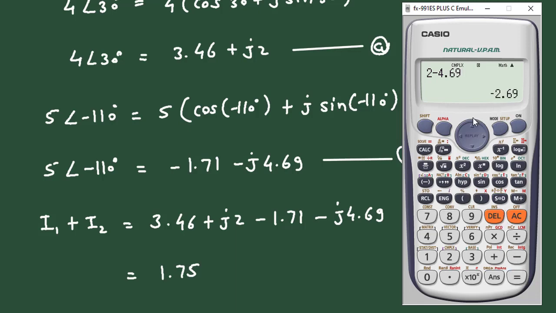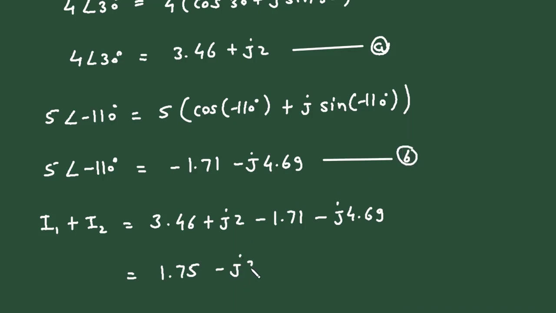So it is minus j 2.69. First we have to solve the real part and then we have to solve the imaginary part. So this is the final answer for I1 plus I2 in rectangular form.